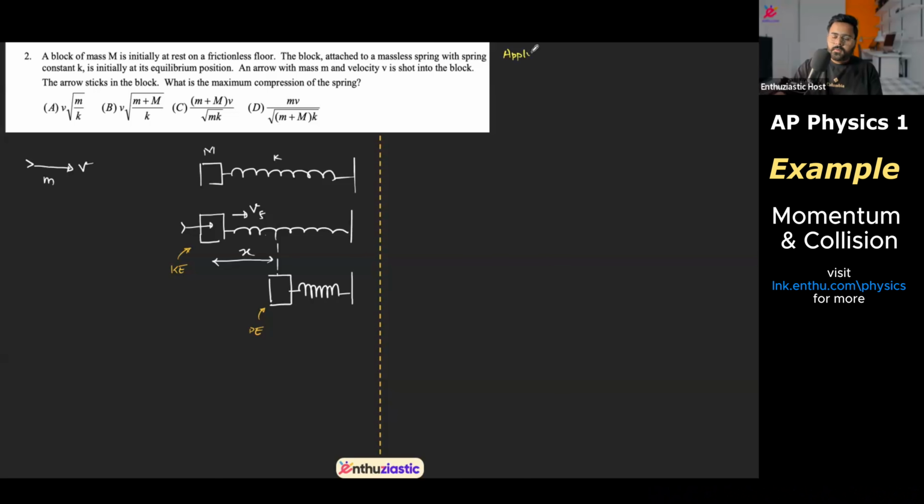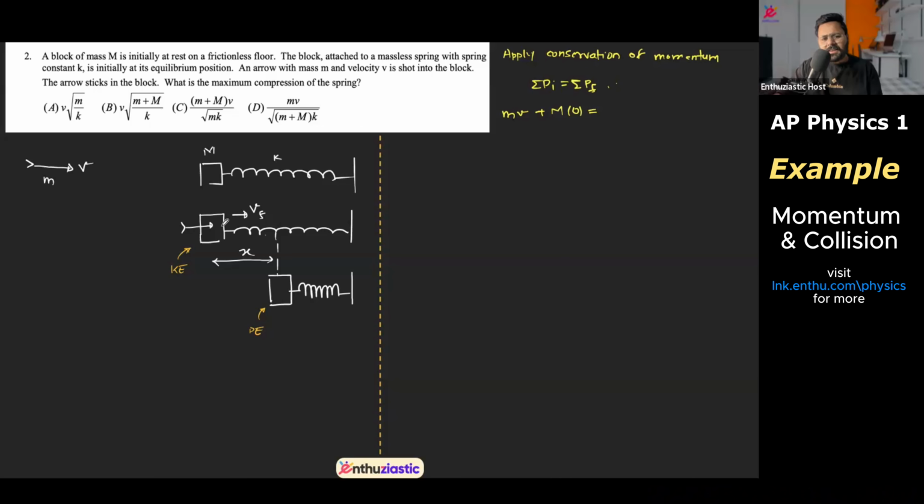Apply conservation of momentum, which says that total initial momentum equals total final momentum. So initial momentum is mass of the arrow times velocity of the arrow, plus mass of the block times velocity of the block.